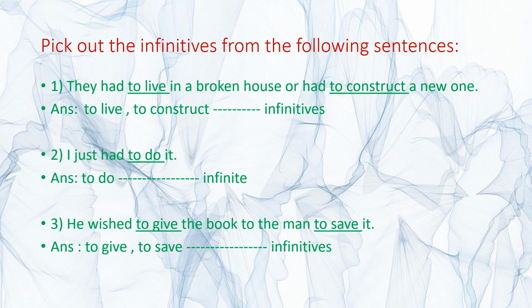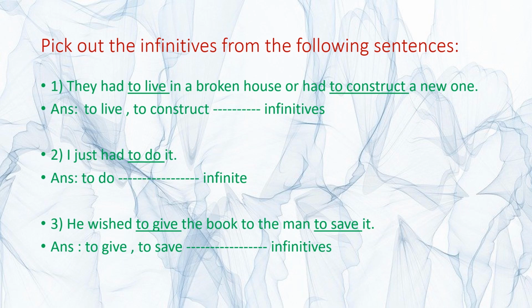Okay. See the second sentence here. I just had to do it, right? Now there is only one infinitive. So, to do. So the options will be given and you have to click on the correct option. Write down the sentences as we are discussing the different types of questions, and do the practice of it. Now the third one, he wished to give the book to the man to save it.